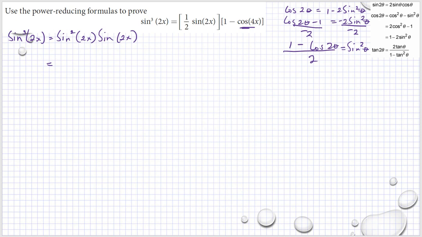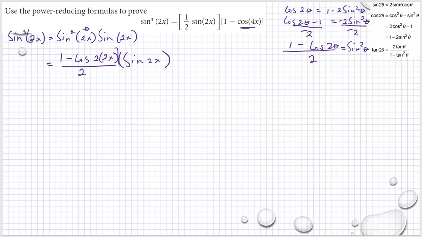If we substitute now, our theta is 2x. So we have 1 minus cosine 2 times 2x, divided by 2, and then we have sine 2x.